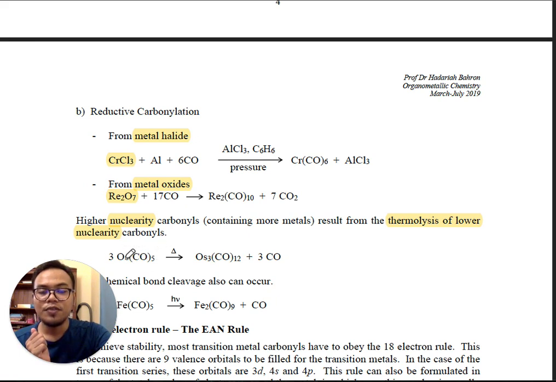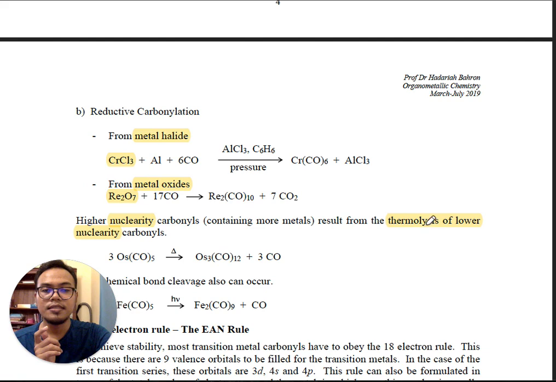If you remember, for you to know, for you to find out, we have discussed this. This can be done through thermolysis. When I say thermo, it means we are using thermal, meaning we are using certain heat here, so that's why this symbol is used. From one metal, you are going to have three metals, so trinuclear.